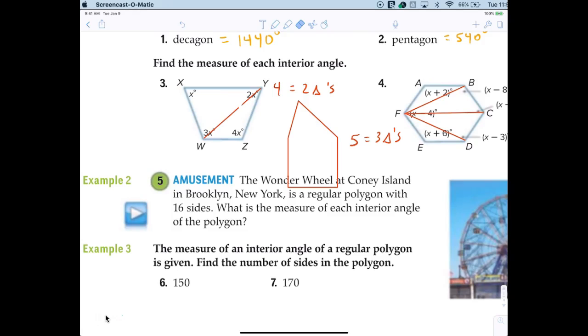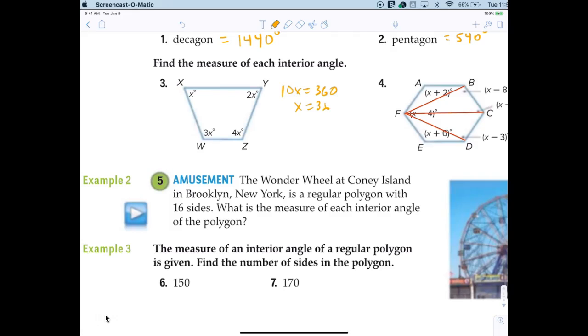All right. Now, here we go. Down for number 3 now. This is a quadrilateral, correct? So if it's a quadrilateral, the interior angles add up to what? 360. Now it says find the measure of each interior angle. So if it's 360, how many x's do we have? 10. So 10x is equal to 360, so we know that x is equal to 36.